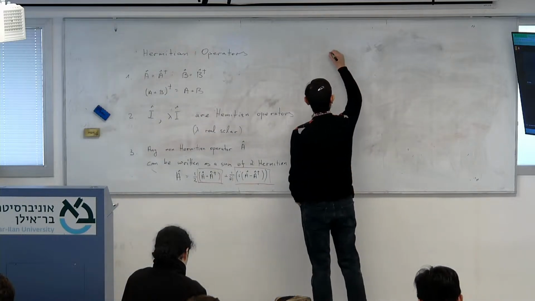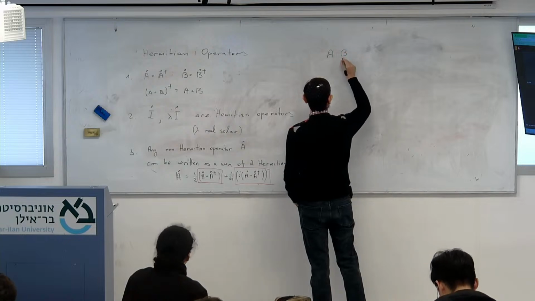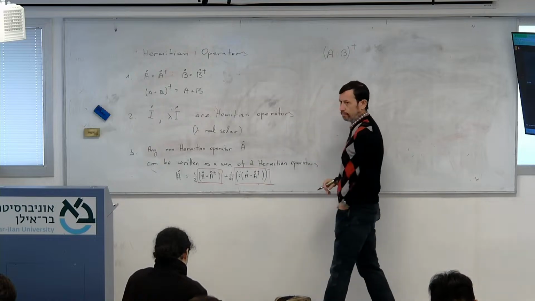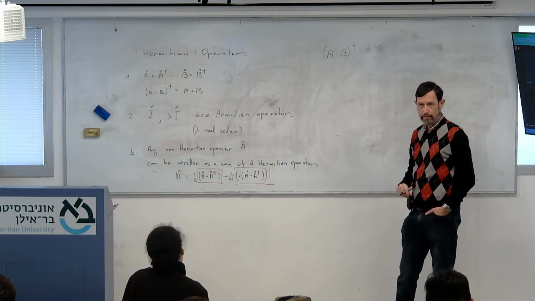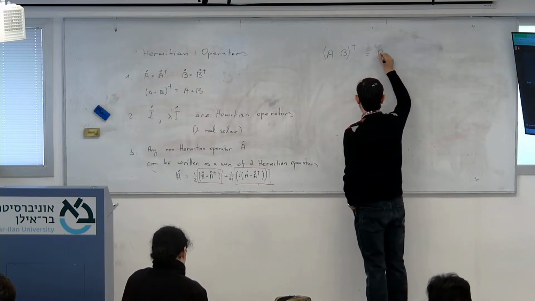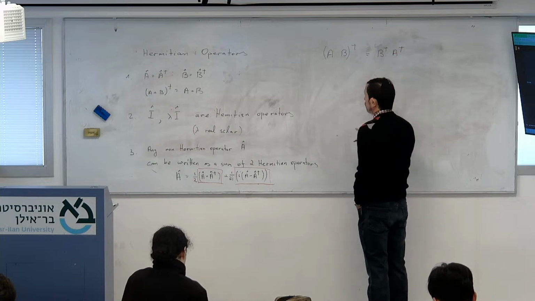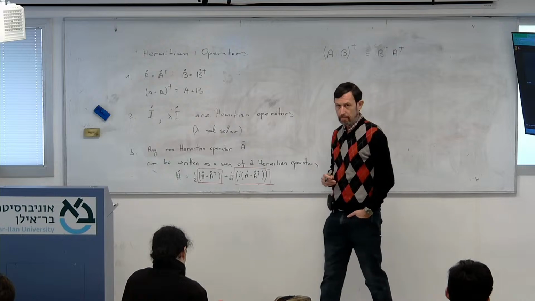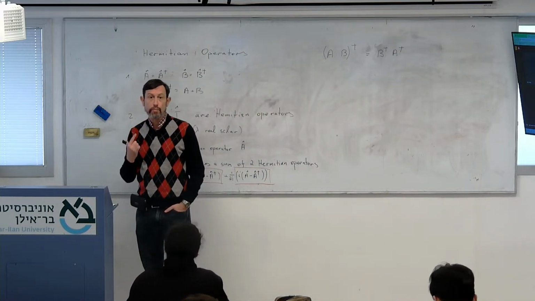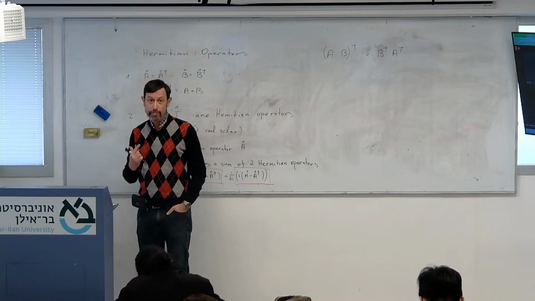Okay, the Hermitian conjugate of a product: the multiplication of two Hermitian operators is not necessarily Hermitian.